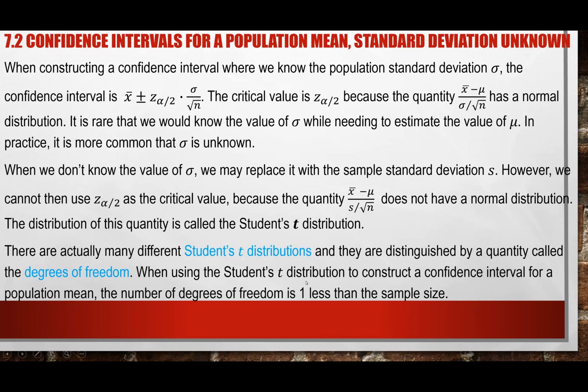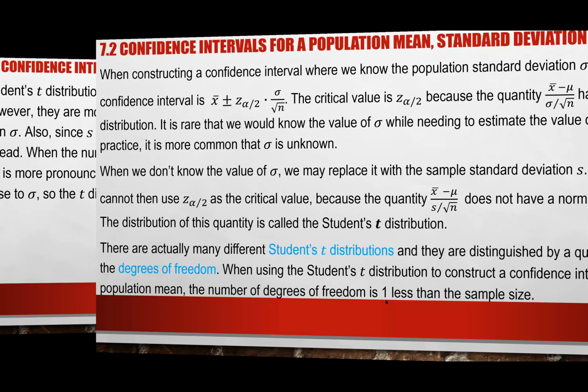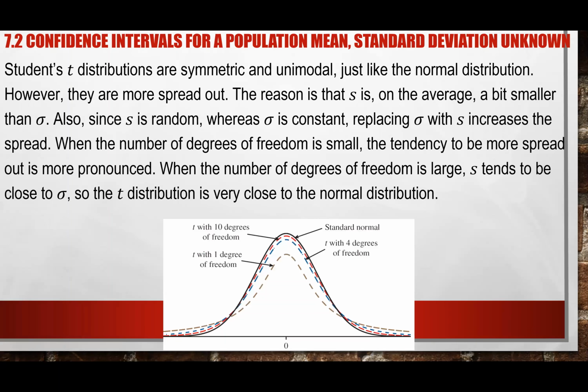It's just that in order to find a critical value, we need the degree of freedom. How do we obtain it? It's very easy: it's one less than the sample size, meaning whatever your n is, the degree of freedom is n minus 1.